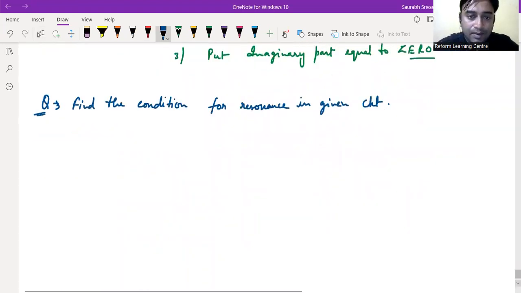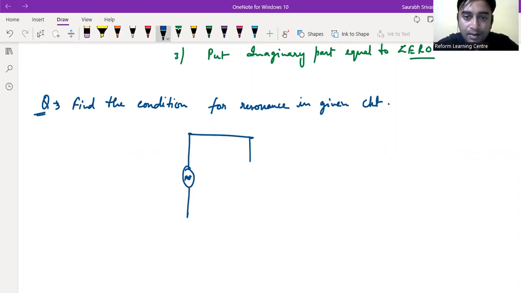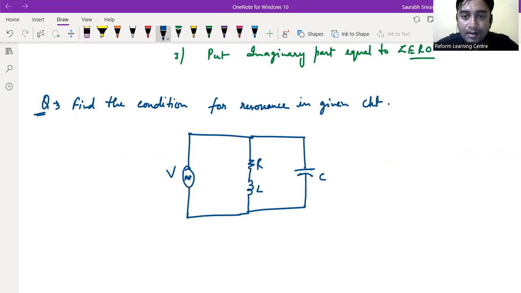Suppose there is a circuit like this: we have a voltage source, alternating voltage source, variable frequency, and connection is like this is R and this is L and this is C. At what frequency resonance will occur?